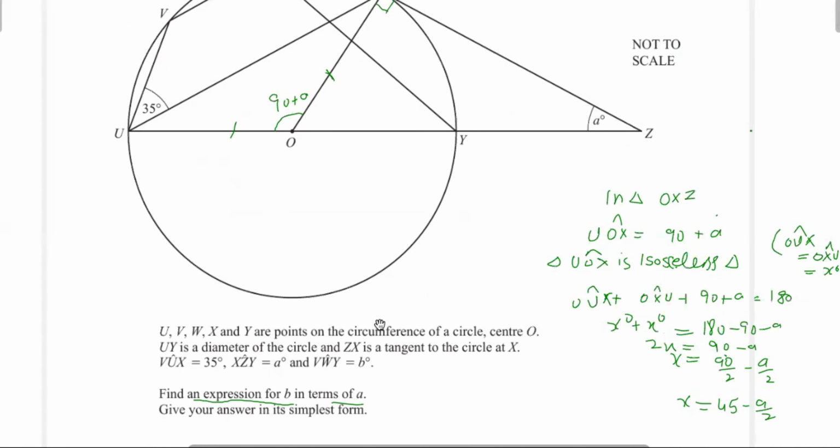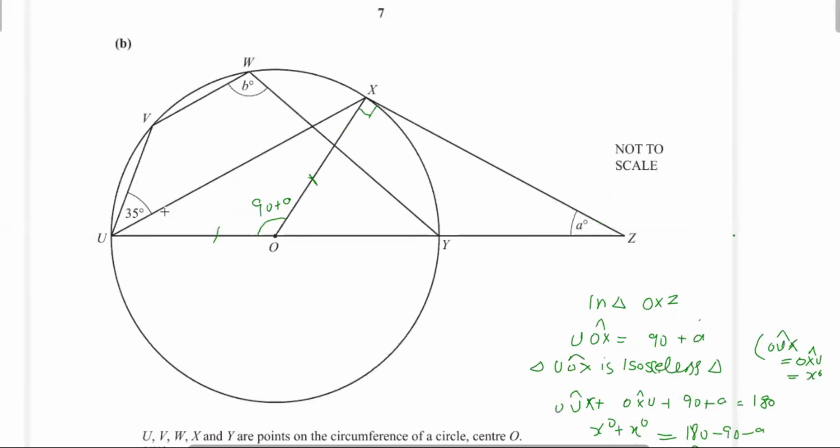And we write this angle here, 45 minus A over 2, and this angle is also 45 minus A over 2 because these are the base angles of the isosceles triangle.